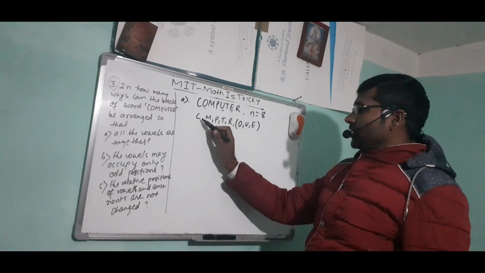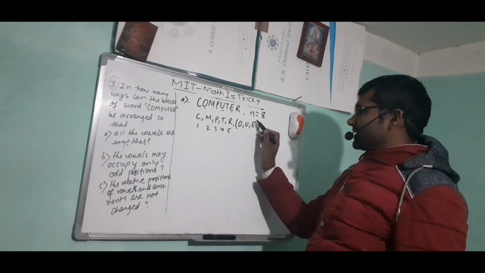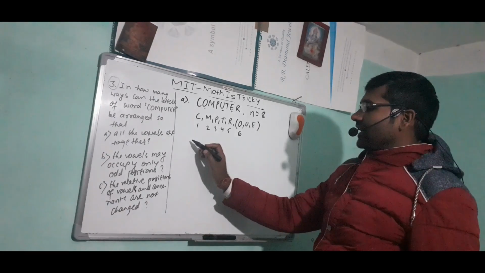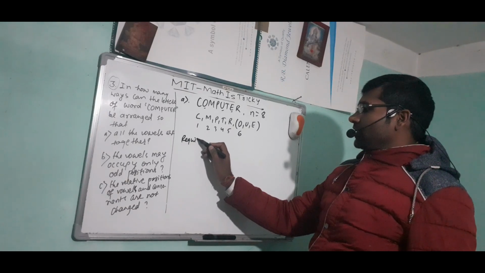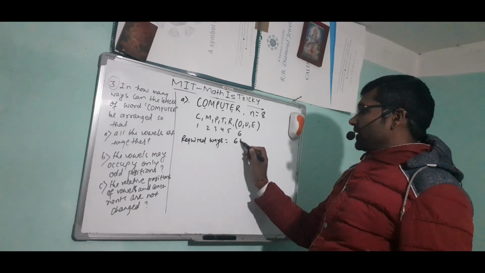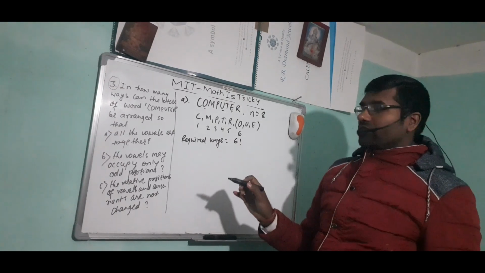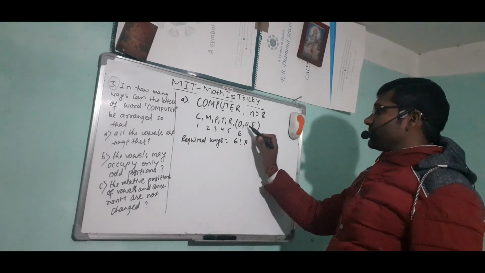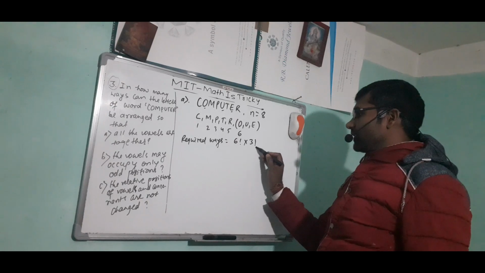It means here we'll have 1, 2, 3, 4, 5, and the vowel group will be considered as 1, so there will be only 6 letters. The required number of arrangements will be 6 factorial, because these 6 letters can be arranged in 6 factorial ways, and these 3 vowels may change their position among themselves in 3 factorial ways, so we have to multiply by 3 factorial.